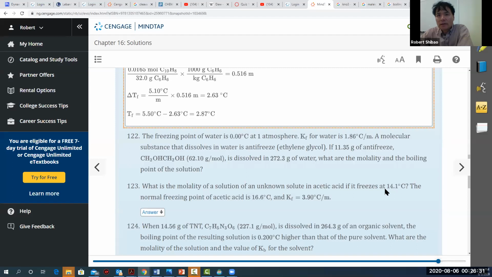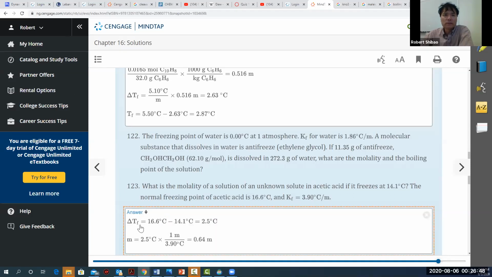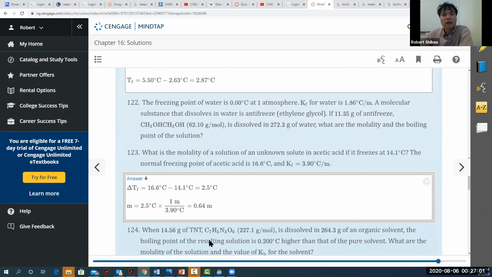Delta TF is going to be the difference, so it's minus 2.5 degrees C. If we know delta TF, then delta TF is equal to KF times m, so we can calculate for m. We just divide by KF and get 0.64 molal.